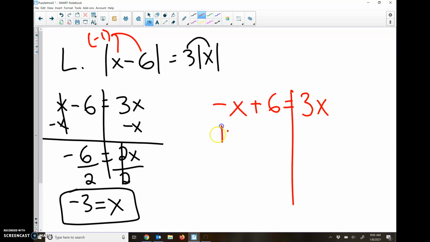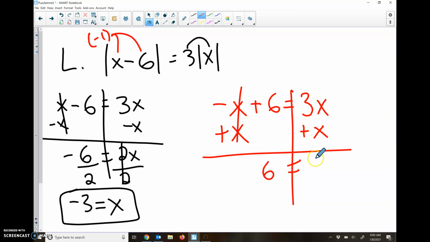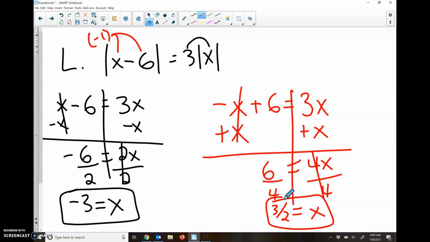And then same thing, I'm going to add x to each side. So now I have 6 equals x plus 3x is 4x. Then I'm going to divide by 4, and I can simplify 6 over 4 as 3 over 2. So then my two answers there are 3 over 2 and negative 3.